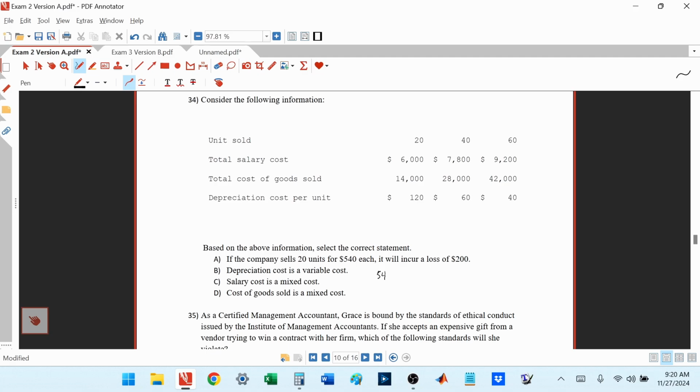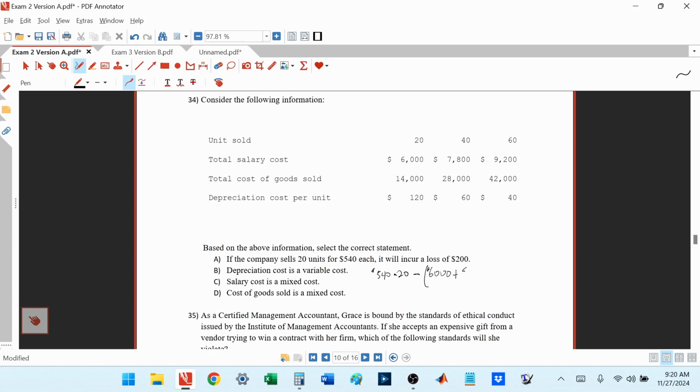P times Q, and then that's our revenue. And then our costs, VQ plus F. We can just go ahead and sum up our costs. We don't have to write it as VQ plus F, but salaries, total salary cost at 20 units is 6,000.